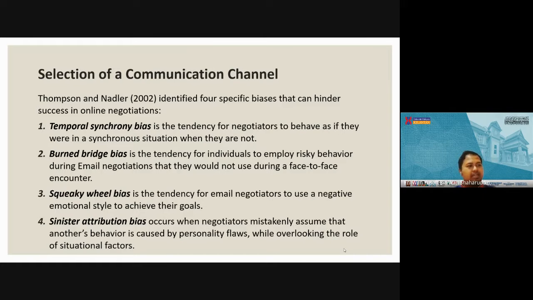For example, we say that Abu comes late to class because he is a very clumsy person, whereas we overlook the situational factors, which is maybe that day his car broke down, or maybe he has to send his children to school, or maybe he wasn't feeling well. These situational factors sometimes will affect how people react and how people perform in the negotiation process.